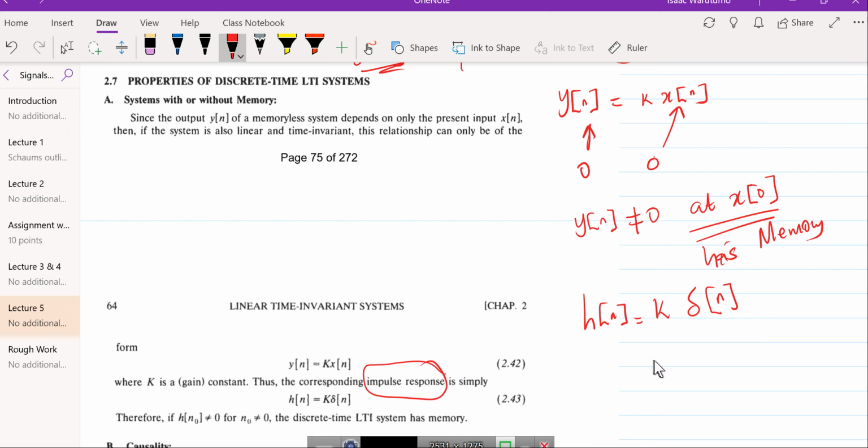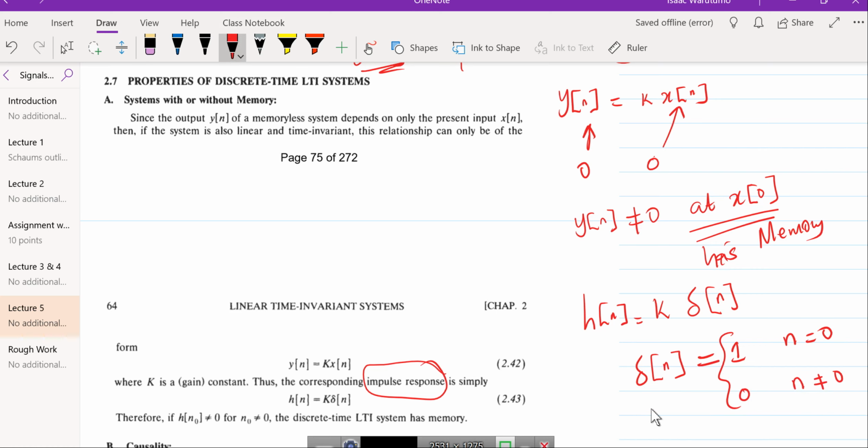It is something that we said, which I'm going to repeat again, that delta of n will be equal to 1 if n is equal to 0, and delta of n will be equal to 0 if n is not equal to 0.